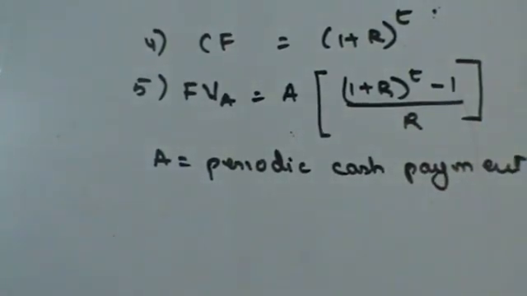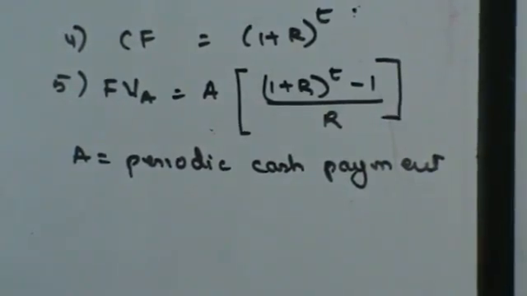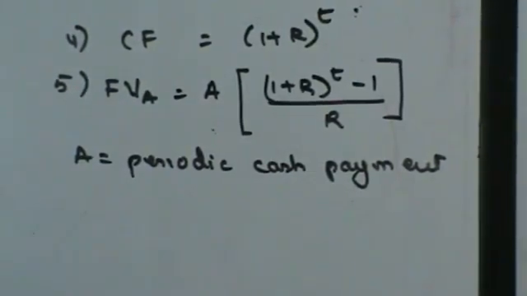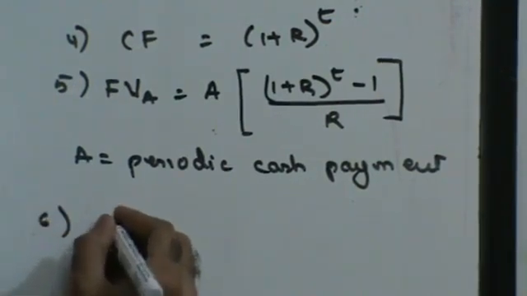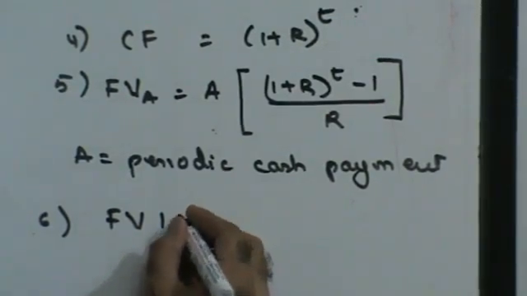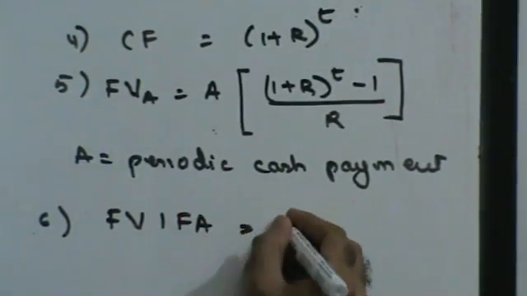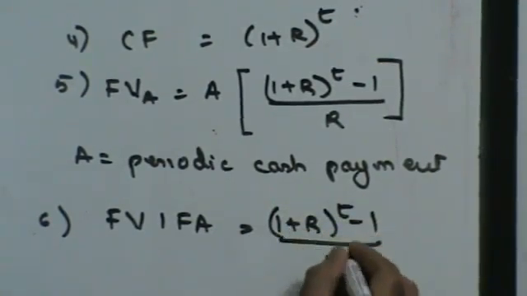Now here (1 plus r) raised to t minus 1 upon r is called the future value interest factor. Future value interest factor. This is nothing but (1 plus r) raised to t minus 1 upon r.